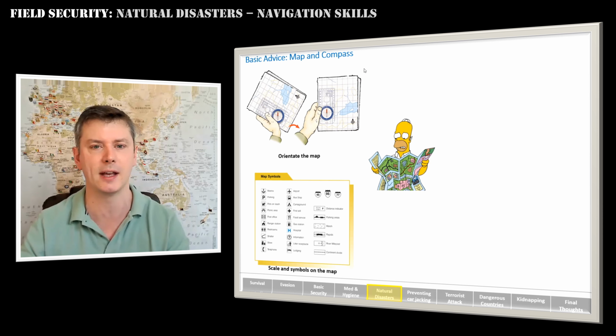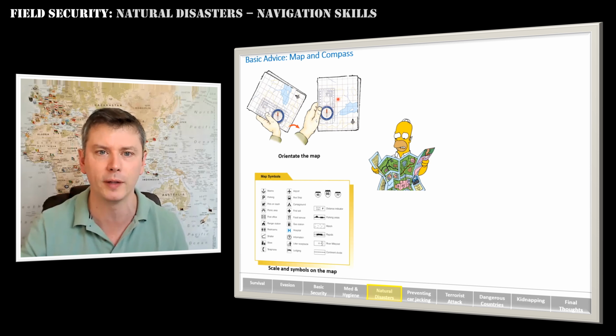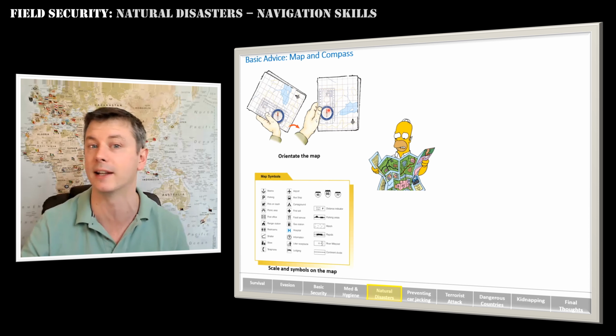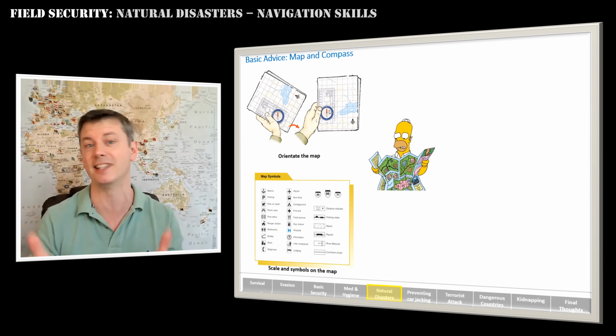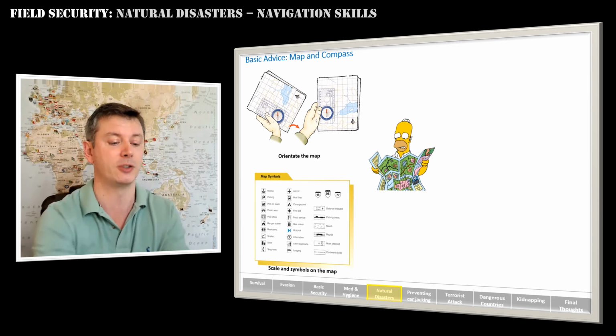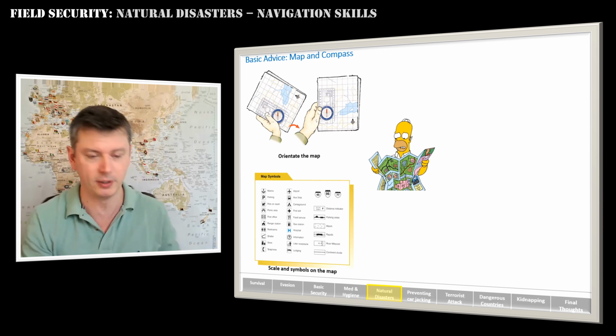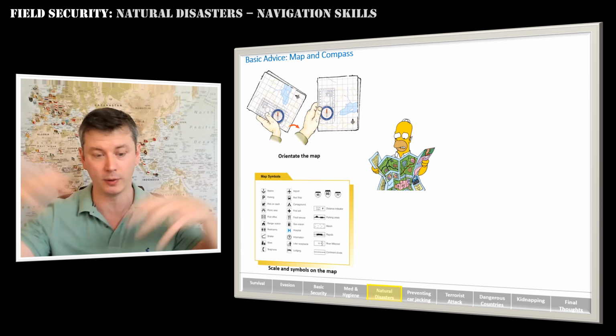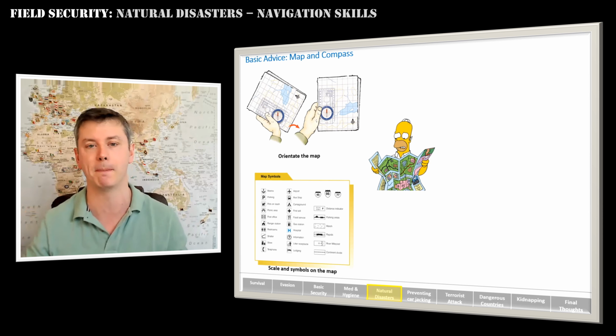As you can see here on the diagram, you've got the north and south lines just here, you've got the west and east lines just here, and what we're trying to do is get this red part of the compass arrow orientated to north. Then when you spin yourself around and look at what's going on around you, it's translated back onto the map.